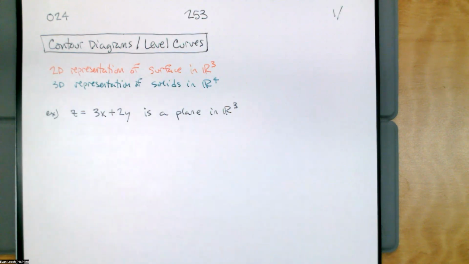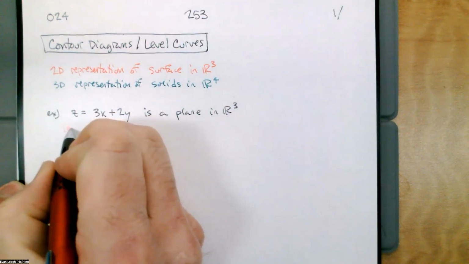What we want to do is imagine what the level curves look like. To imagine a level curve, we're going to choose a fixed value of Z and see what the graph looks like.